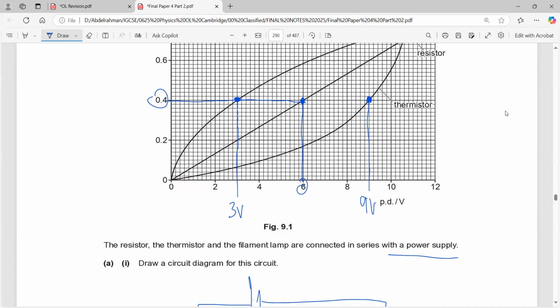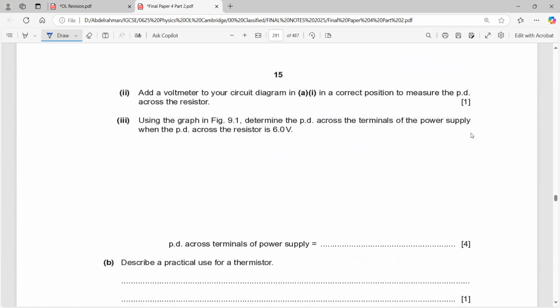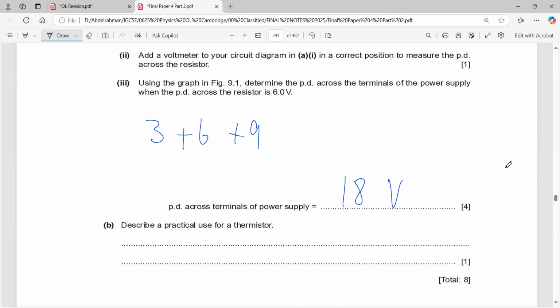So the total voltage is 3 and 6 and 9. If we add up all of these voltages, 3 plus 6 plus 9, it would give you a total potential difference of 18 volts. Not because you said 3 times 6, which is 18. No, that would be the incorrect approach.